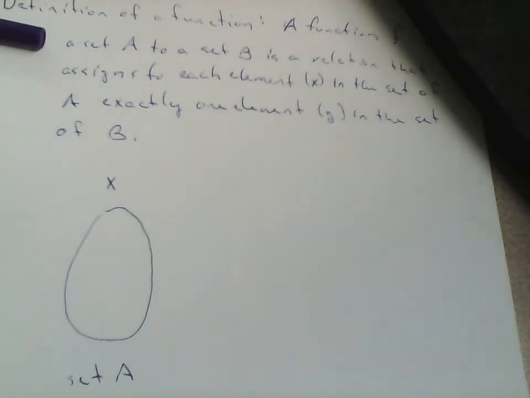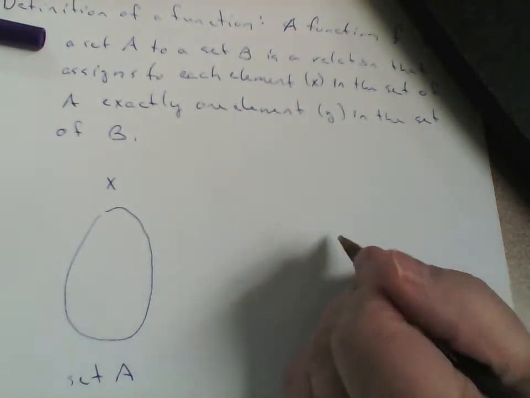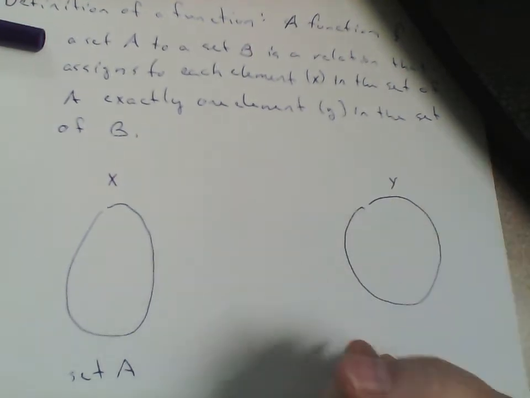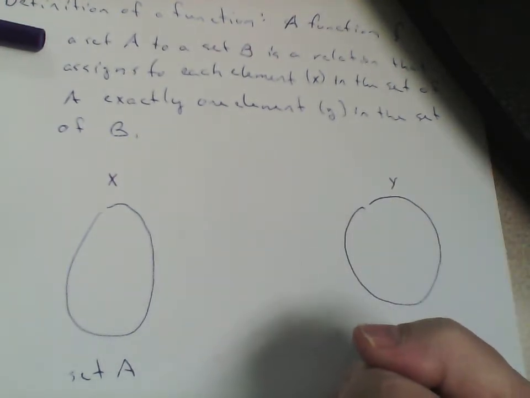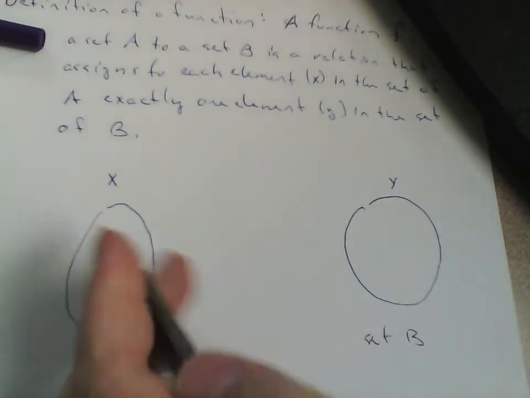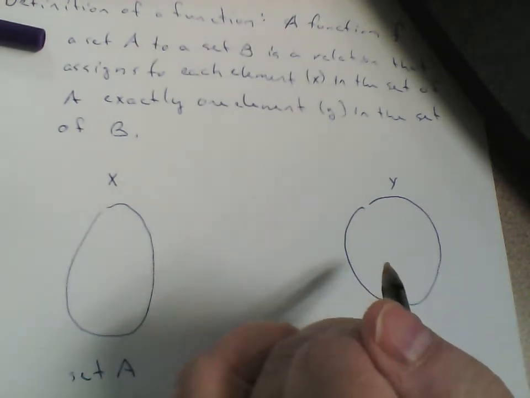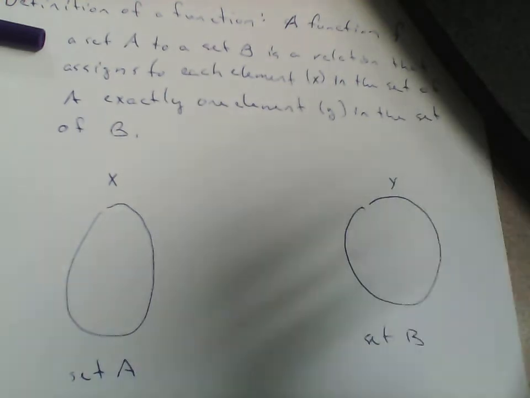And that just means that our input value is x. Whatever we put in for x is going to map to something called our y, or set B. So this is our input, and this is our output when we form a relation.